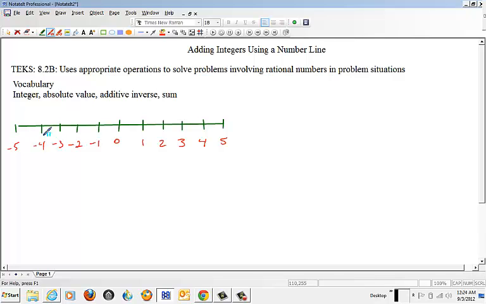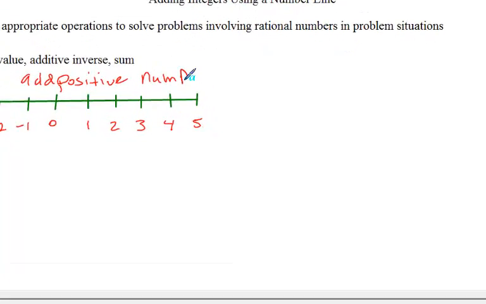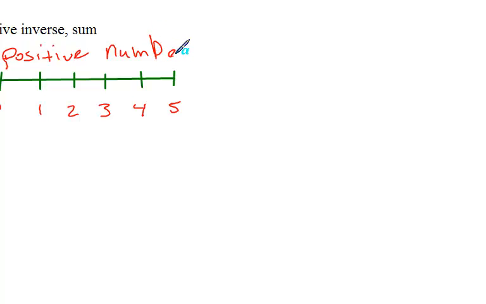Okay, so to use the number line to add positive numbers, we always want to move to the right.